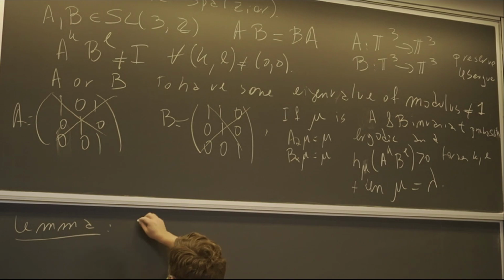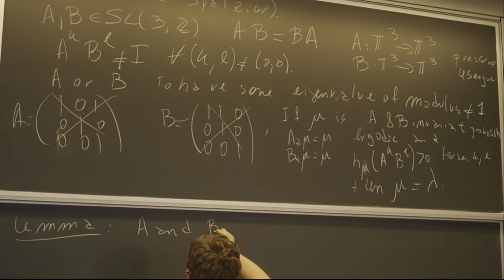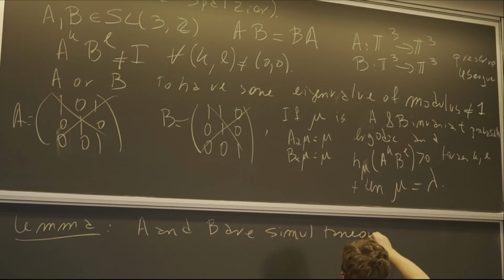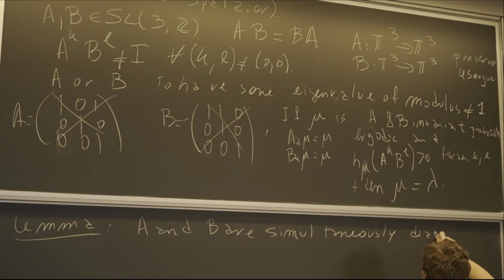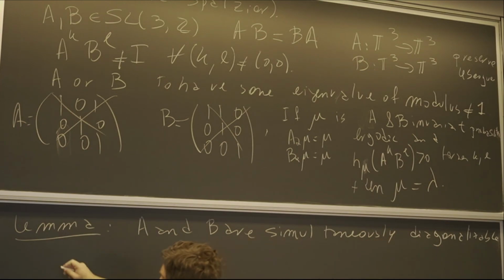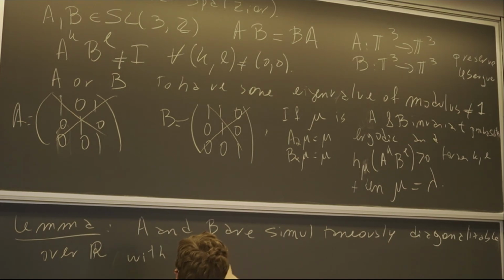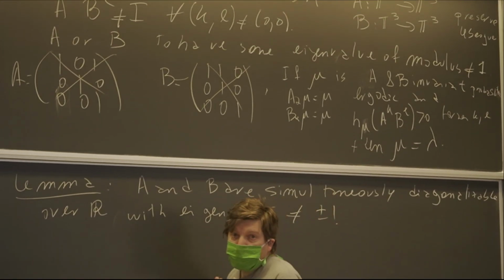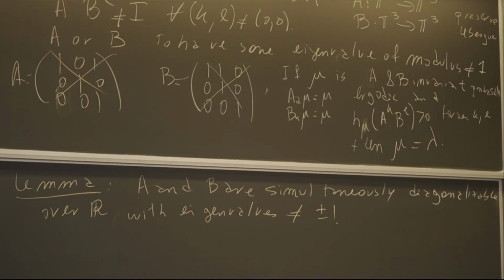A and B are simultaneously diagonalizable over R with eigenvalues different from plus or minus 1. Of course they are real eigenvalues, because I'm saying diagonalizable over R, so it means the eigenvalues are real and are different from plus or minus 1.